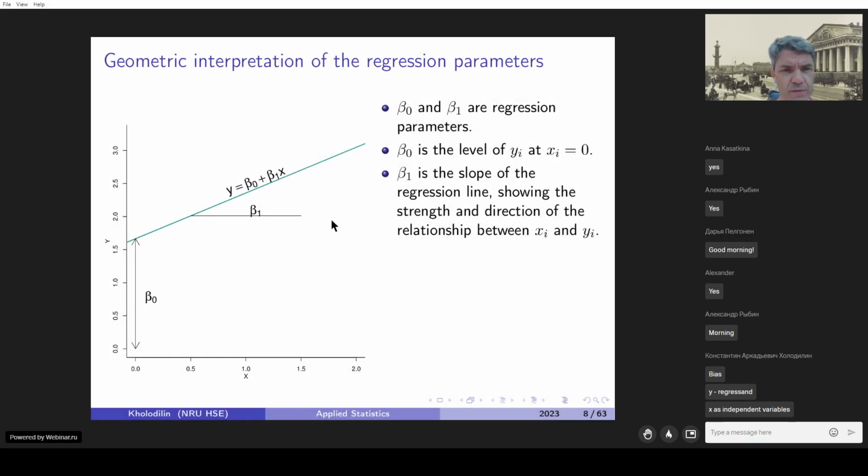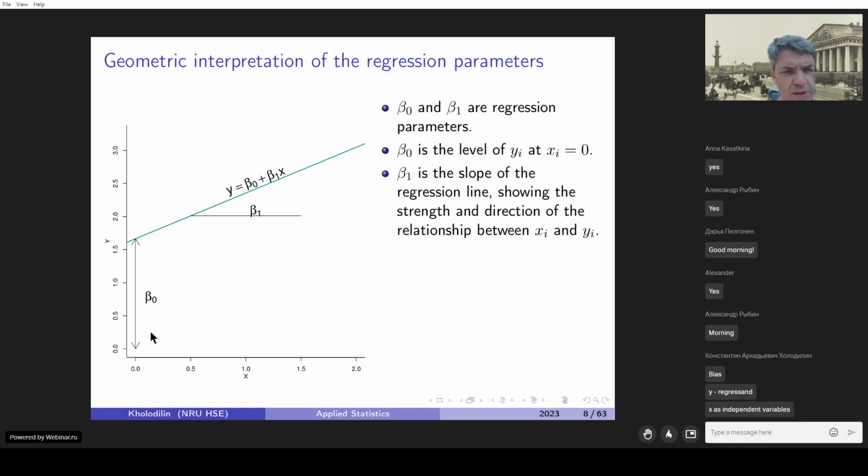So recall we have a linear model. So in this case, this is really a function of a straight line. Here we don't have any error because it's the straight line. It's not the points around this straight line that differ from it because of the random variation, random errors.